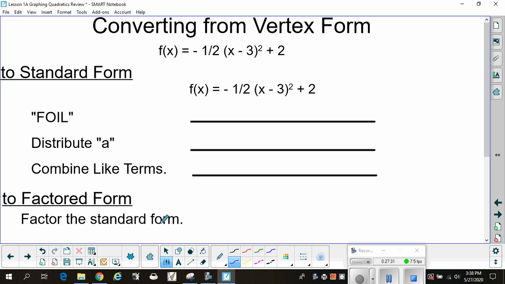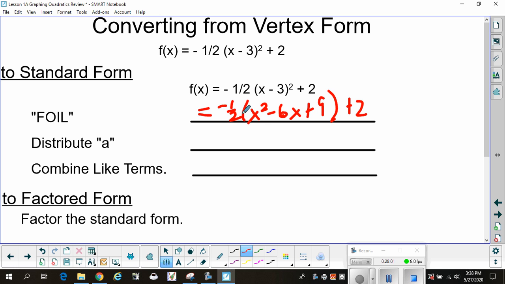Well, what happens if you have it in vertex form and you want it in standard form? Well, first, you're going to multiply it out. So, to give myself enough room, I'm going to keep the -1/2 out here for right now. And then I'm going to multiply this out. So you're going to get x squared minus 6x plus 9. And then I still have my plus 2.